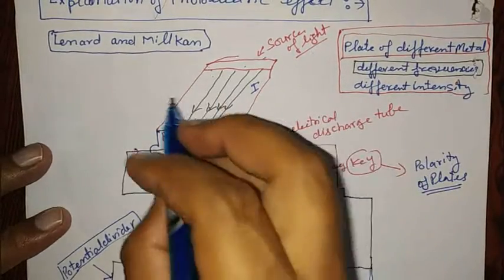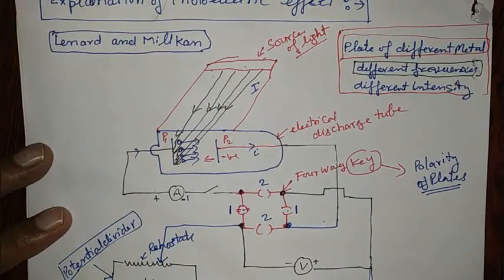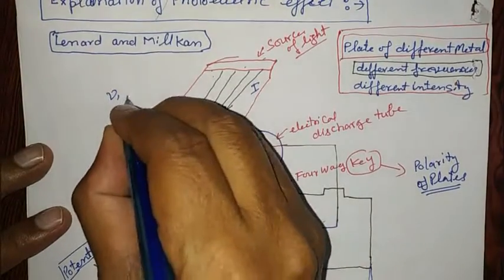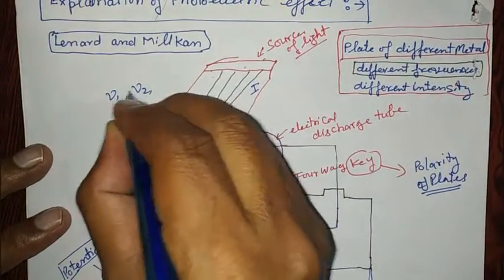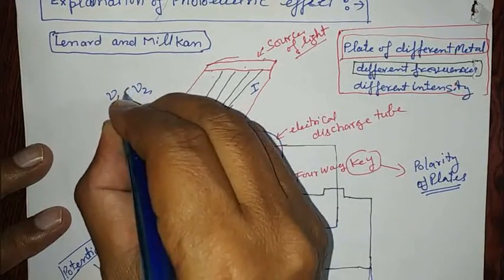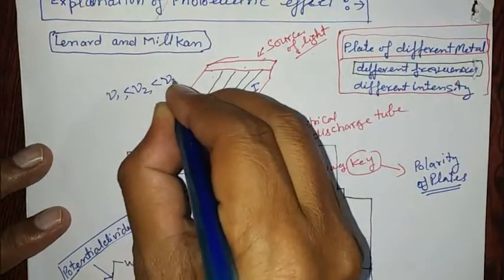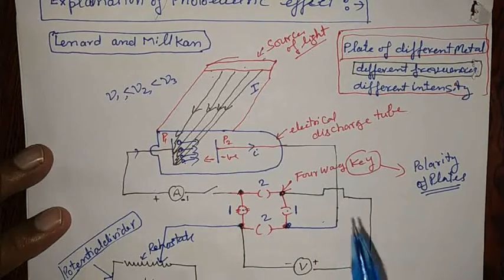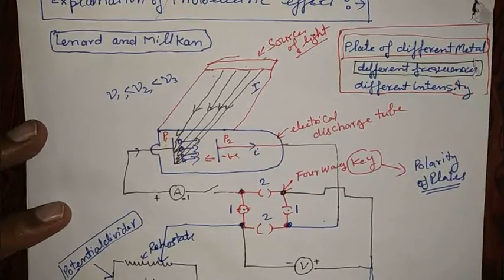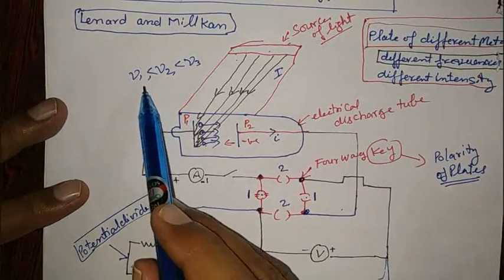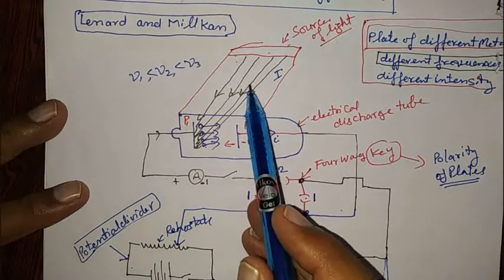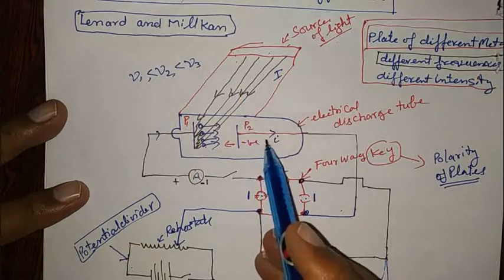Let the frequency falling on the plate be first nu 1, then nu 2, where nu 2 is greater than nu 1, then nu 3. So different frequencies are examined. Under this experiment, it is obtained that when the experiment is done with the frequency nu 1, a photocurrent I is obtained.